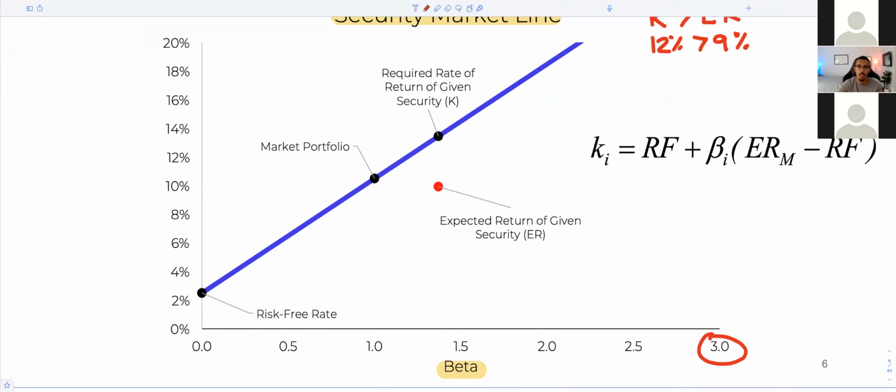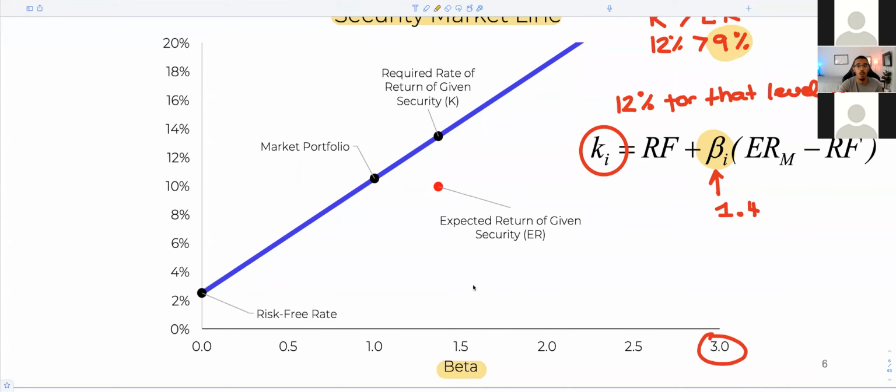So beta measures risk. By plugging beta into our formula, in this case Tesla's beta of, call it, 1.4, we get that you would expect to receive 12% return for that level of risk. However, you are only receiving 9% in the market.